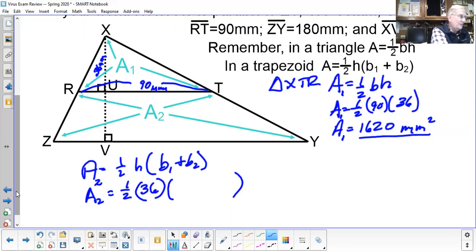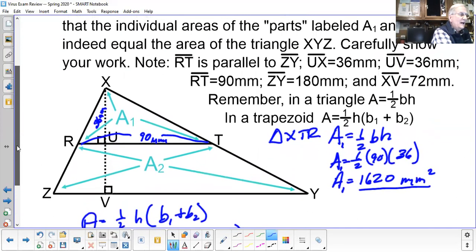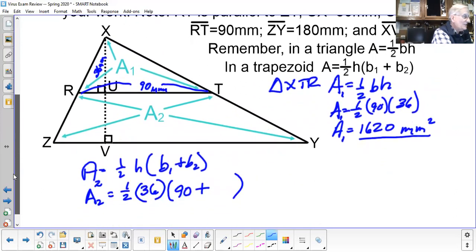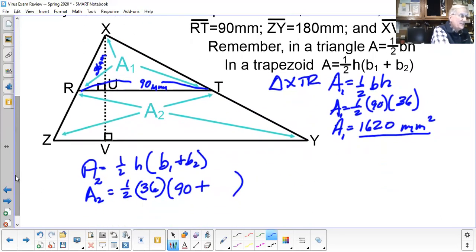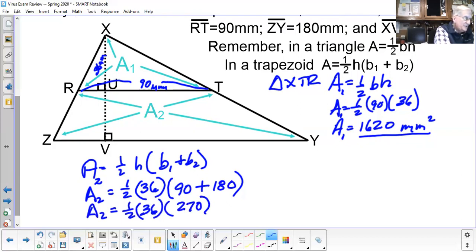And the sum of its bases: the top base is 90, I have that labeled. What is its bottom base? Well, if you look up at the data I gave you, ZY is twice as long as the 90, so it's 180. So to get area 2, I do 1/2 of 36 times 90 and 180 adds up to 270.